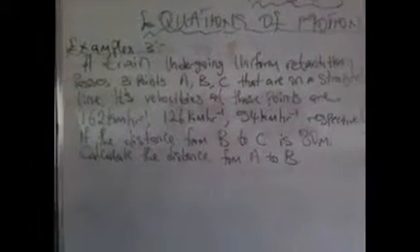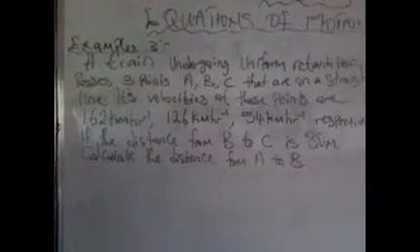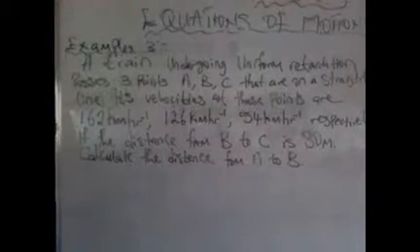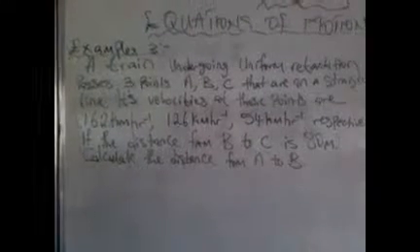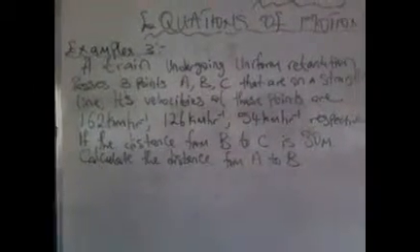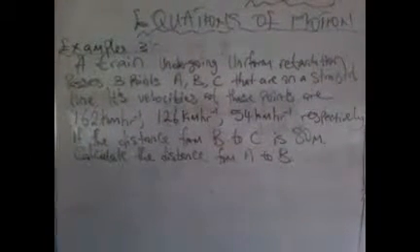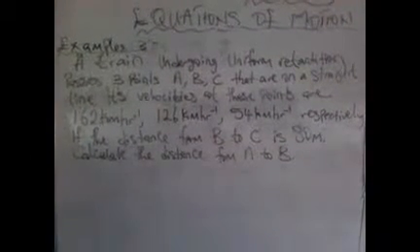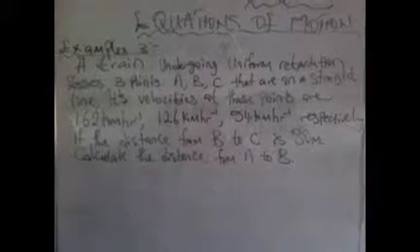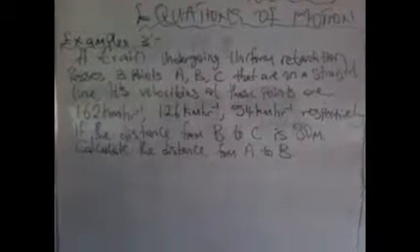Repeat the question. A train undergoing uniform retardation passes 3 points A, B, C, which are on a straight line. Its velocities at these points are 162 km per hour, 126 km per hour, and 54 km per hour respectively.